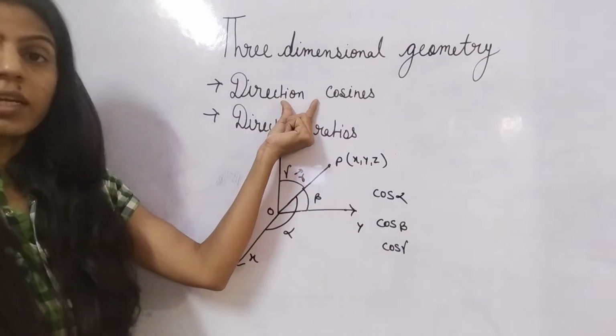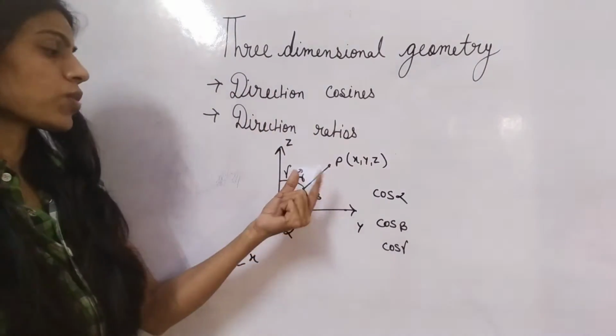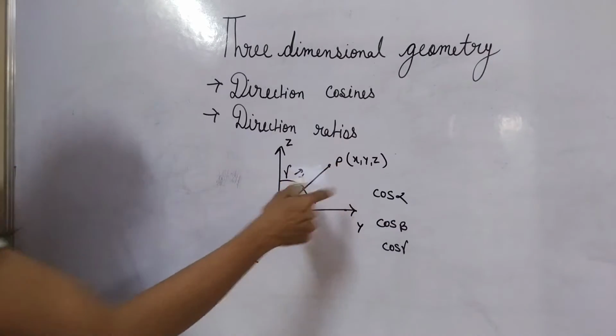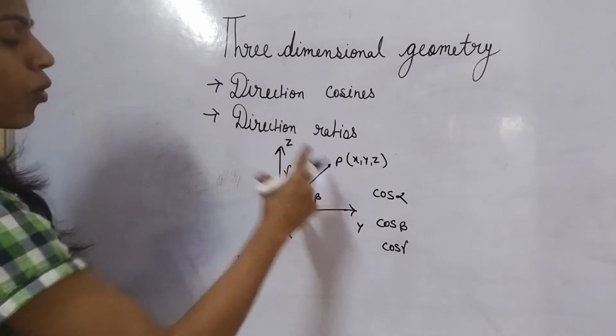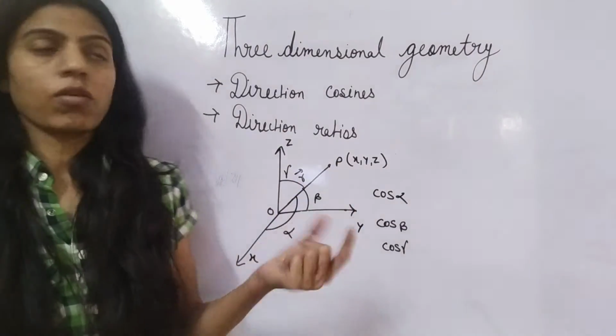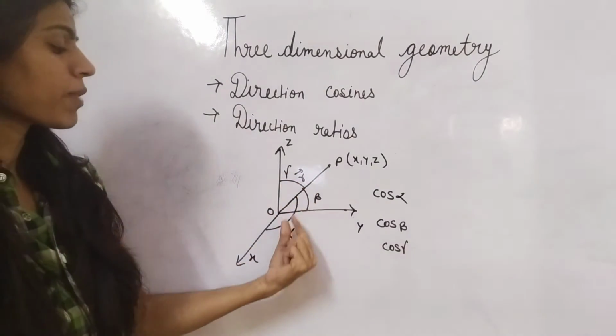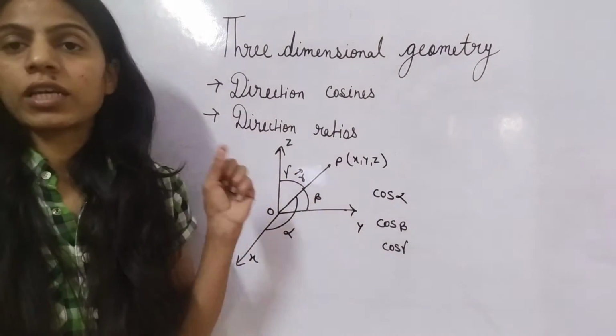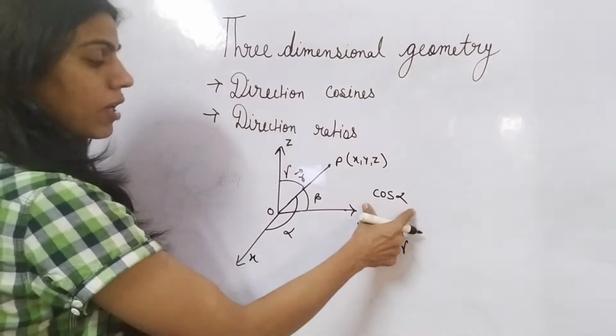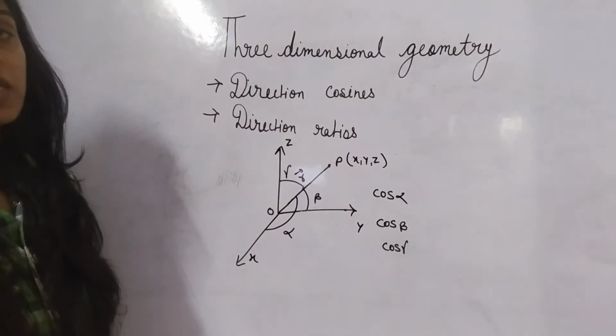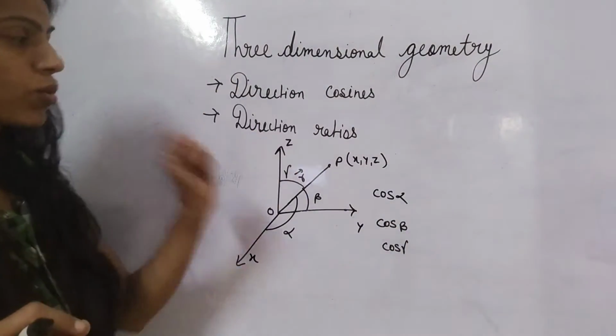Direction cosines, right? So what is the meaning of direction cosines, students? If we are considering this point P and OP is representing the position vector, and if this OP is making alpha, beta and gamma angle with x, y and z axis, then cos alpha, cos beta and cos gamma are representing the direction cosines, right?